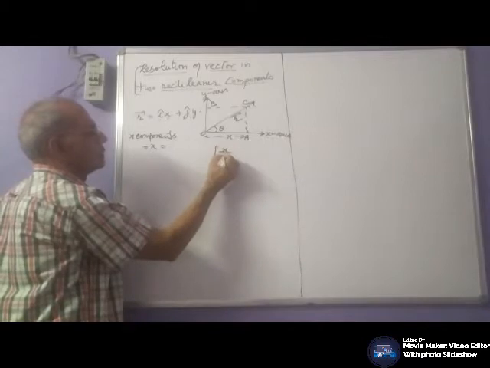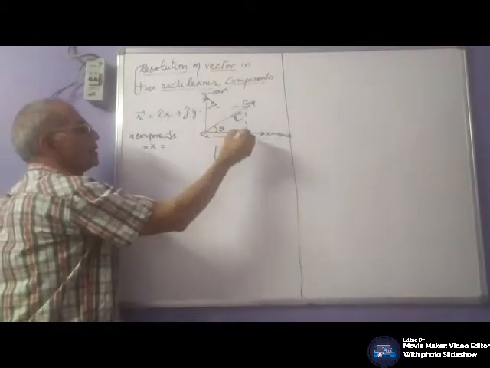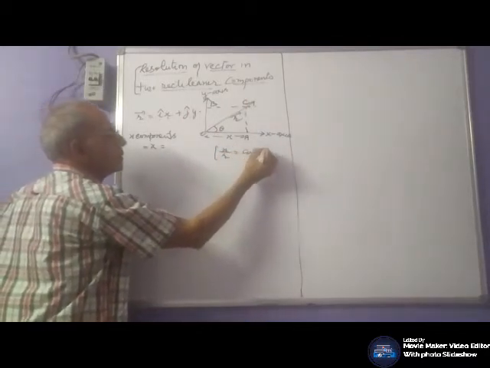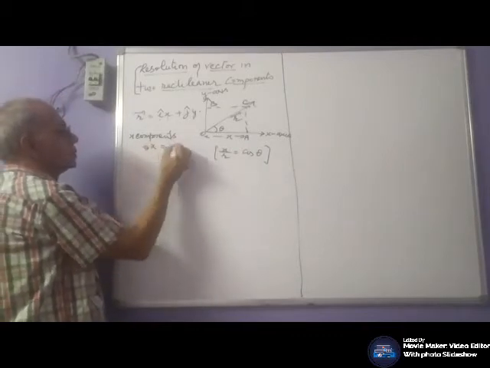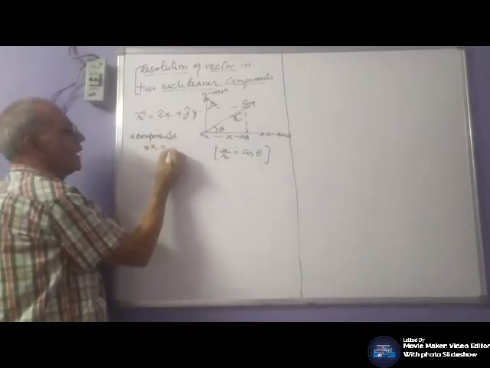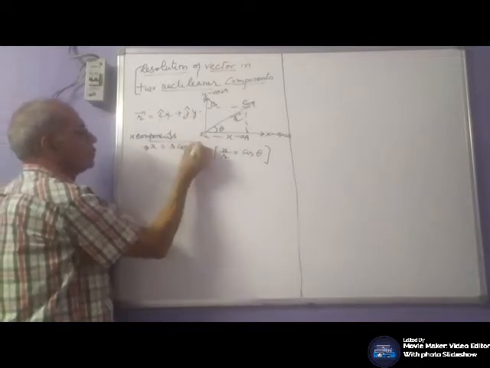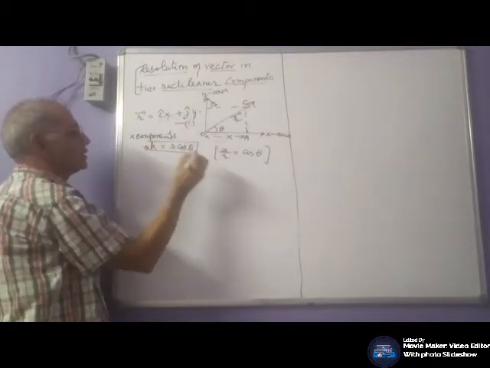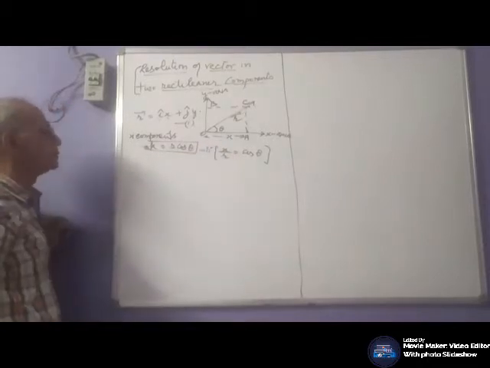In the right angle triangle, x by R is cos theta. Then x is what? R cos theta. This is the resolution, this is that x component.